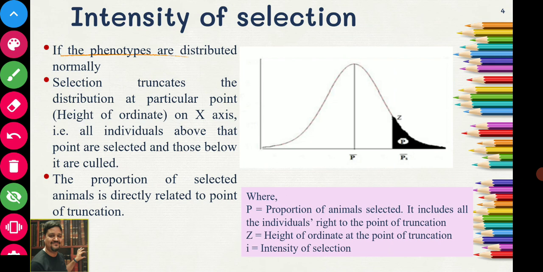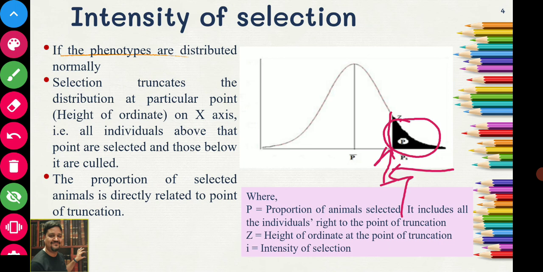So consider this point, which indicates 7 liters of milk production. You draw a perpendicular from this line and you go for all the animals lying beyond this point.